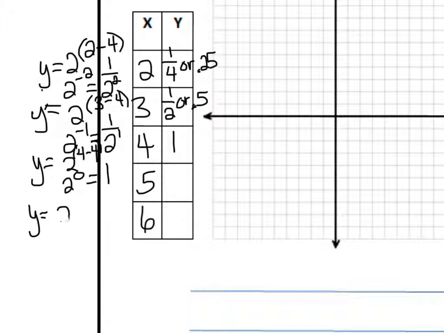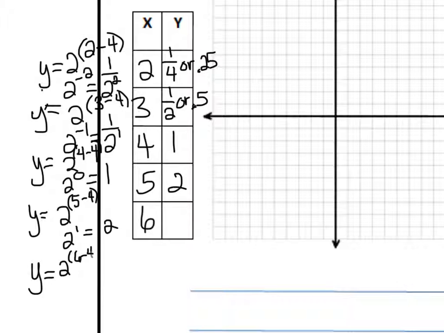So y equals 2 to the 5 minus 4. 5 minus 4 is 1. So we have 2 to the 1, which is just 2. And then last but not least, we have 6. So y equals 2 to the 6 minus 4, which will be 2 to the second, which is 4.